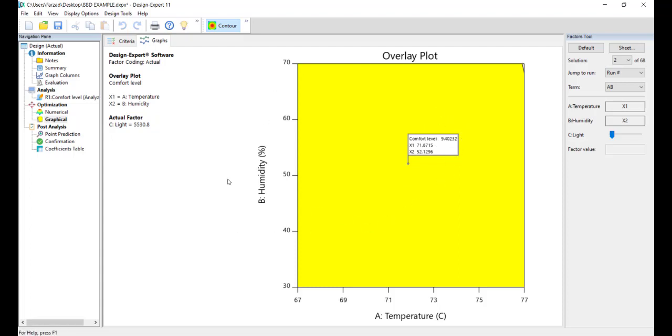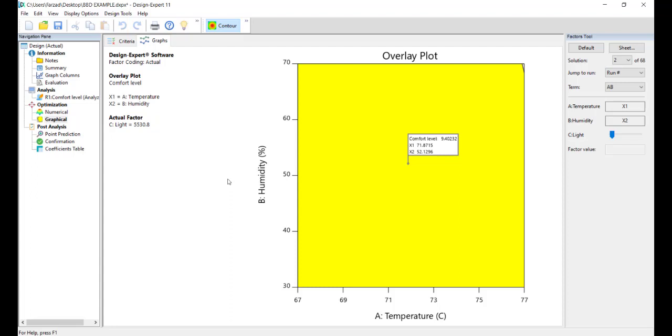So by this graph we can also find the optimum point for our design. It doesn't make any change if we have more factors, more responses. The procedure is the same as what we have done here.